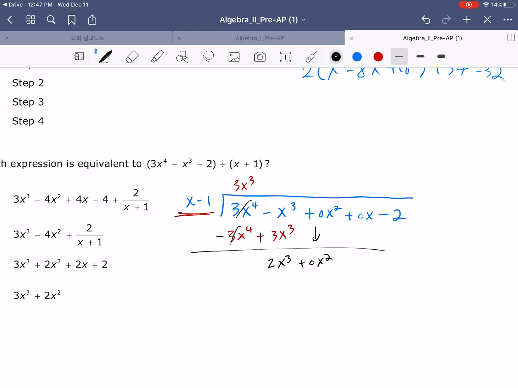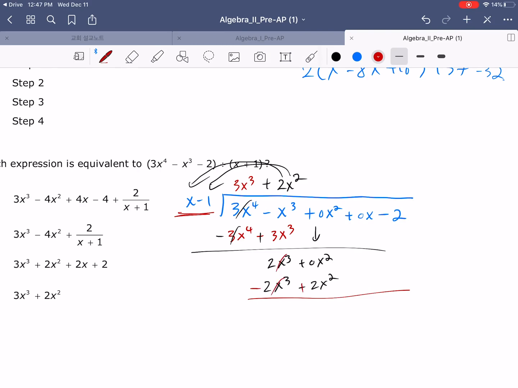Next, if I want to get rid of 2x cubed, I'm going to do plus 2x squared. So 2x squared times x is going to be 2x cubed. If you multiply this, that's going to be negative 2x squared. At this point, you're going to subtract it, which means you change the sign here.